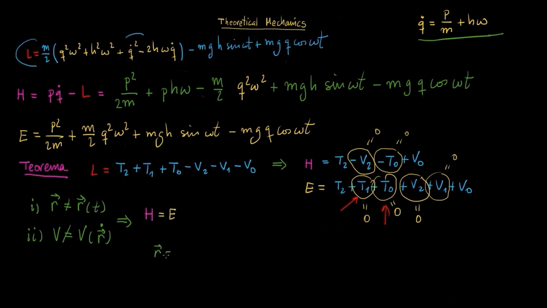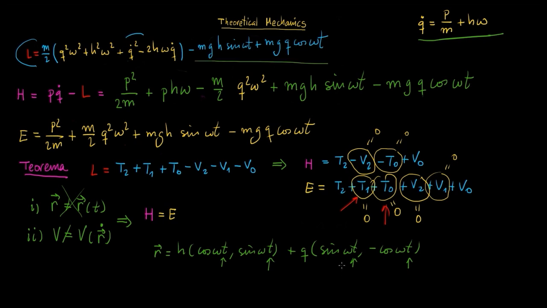But if you remember, at the beginning of this video, r equals h cosine omega t, sine omega t plus q sine omega t, minus cosine omega t. There is an explicit dependence on time. So we could have already suspected that the energy and the Hamiltonian were not going to be the same at the very beginning. And the final question is: is the energy conserved?